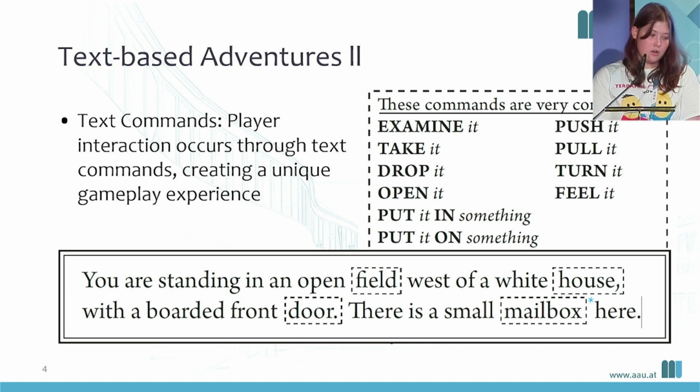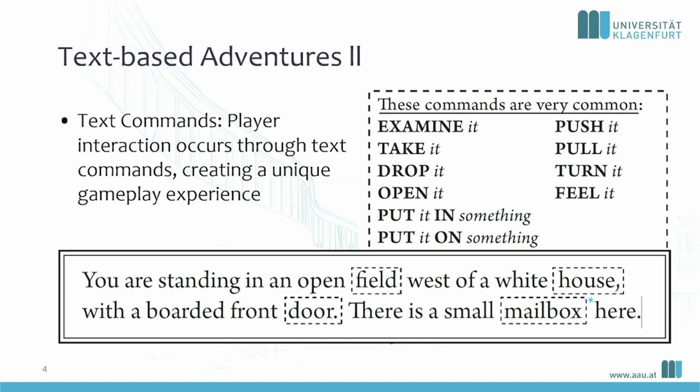The player only interacts with the game world using commands. So we have this example sentence: you're standing in an open field west of a white house with a boarded front door. There's a small mailbox here. Some of the words are marked, like field, house, door, and mailbox. Field is marked because that's the location where you are.